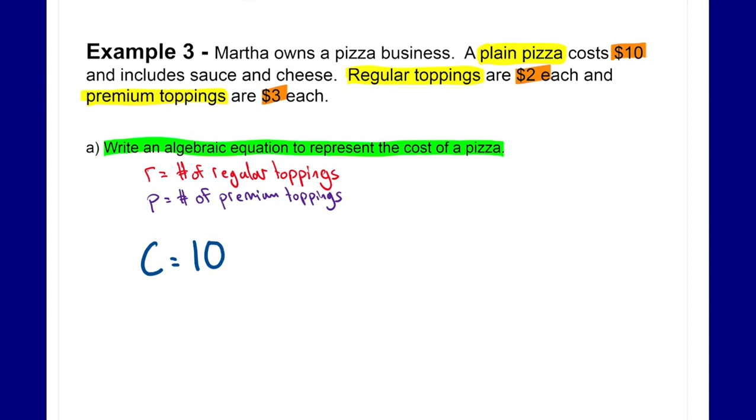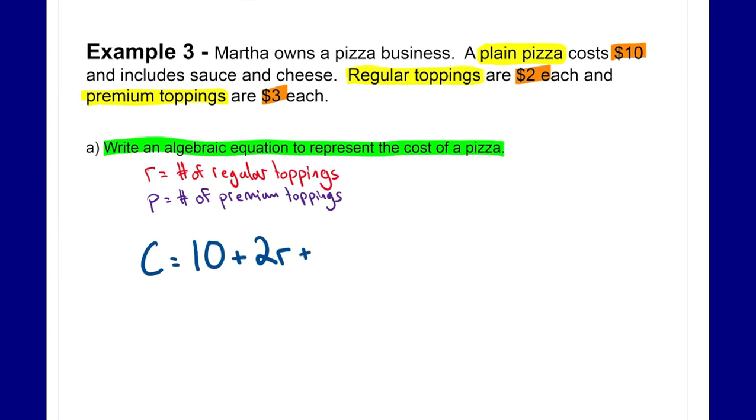Now, how am I going to put that in the equation? Well, I know it's going to be $10, and then I'm going to add an additional cost for the toppings that I get. So for a regular topping, it's going to be $2 times the number of toppings, which we don't know, so we use R. So 10 plus 2R.